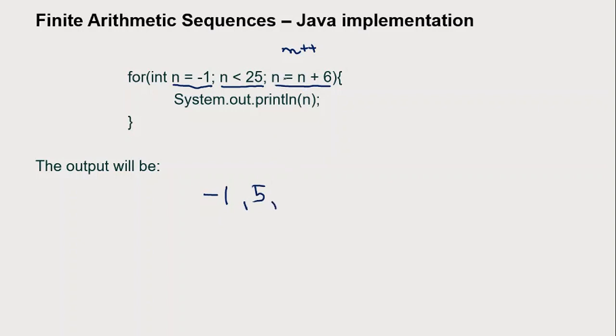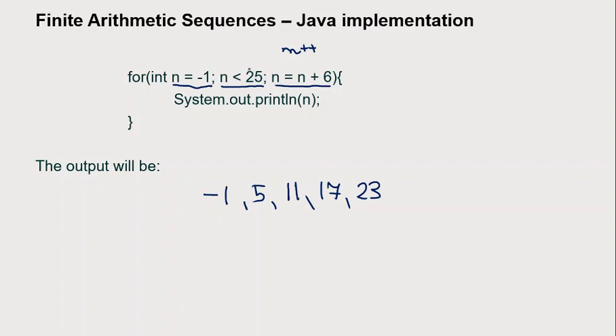And we go on again, new n is equal to 5 plus 6, which is 11. Then we go again, 11 plus 6 is 17. We go one more time, 17 plus 6 is 23, so it's still printed, but then afterwards we come back to that for statement. 23 plus 6 is 29.